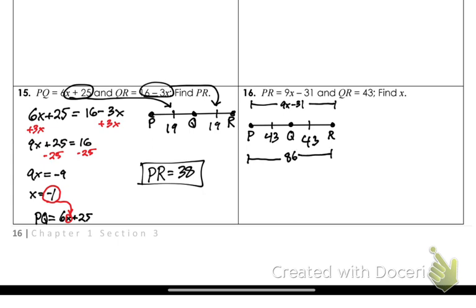So the equation we should have solved was not 9x minus 31 equals 43. It should have been 9x minus 31 equals 86. And that's why you probably did it. You did everything correct or thought you did everything correct, and all of a sudden the answer key said something different. It's 13.